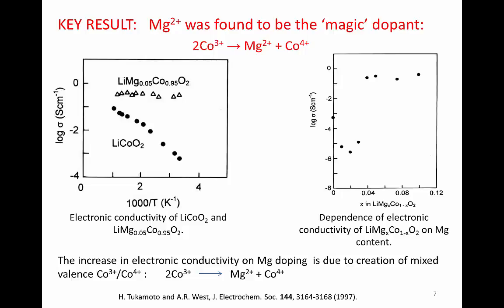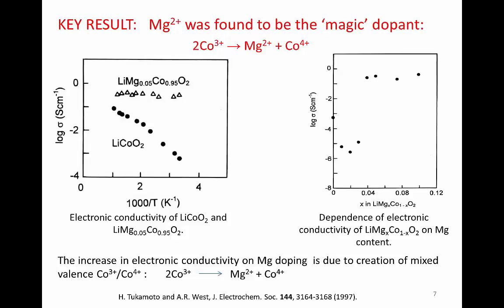So effectively, by adding a small amount of magnesium to the lithium cobalt oxide, we are creating a mixed valence state of cobalt. And the diagram on the left shows the consequence of doing that, of replacing 5% of the cobalt by magnesium.